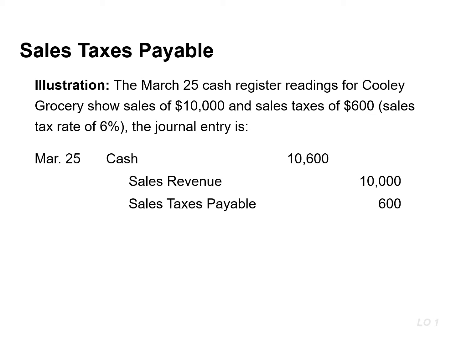When the company remits the taxes to the taxing agency, it will decrease or debit sales taxes payable and decrease or credit cash. The company does not report sales taxes as an expense. It simply forwards the amount collected to the appropriate agency. The company serves as a collection agent.